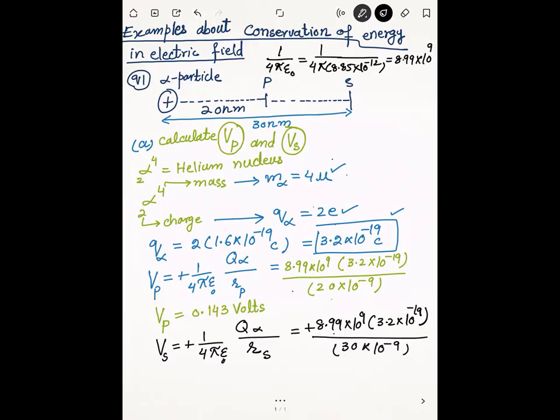So the overall calculation is 8.99 into 10 power 9 multiplied with 3.2 into 10 power minus 19 divided by 30 into 10 power minus 9.